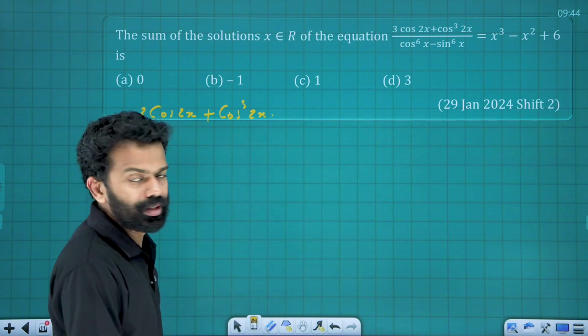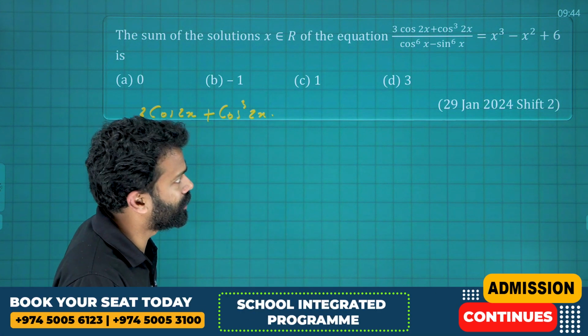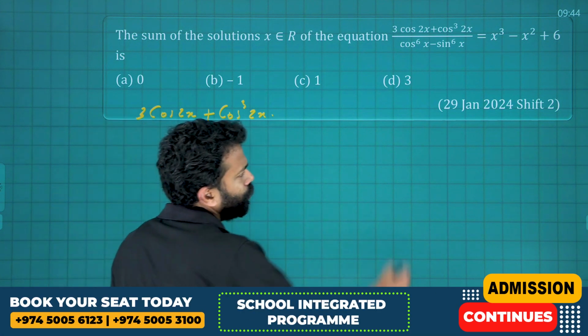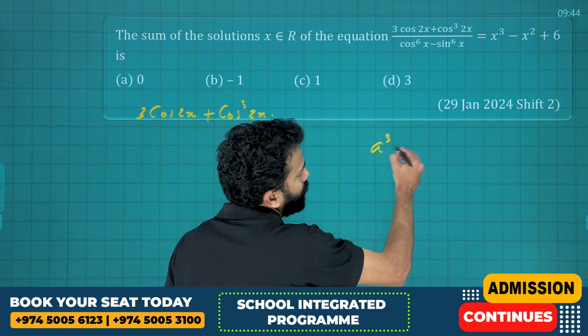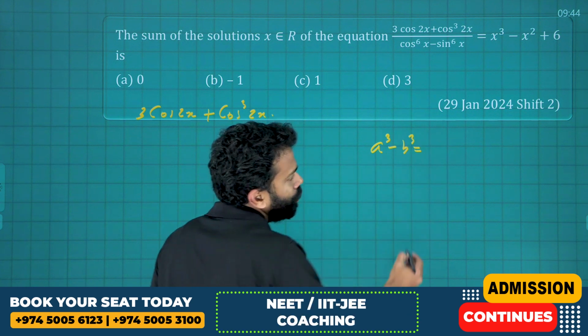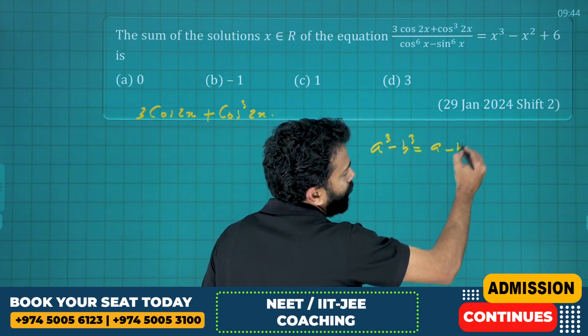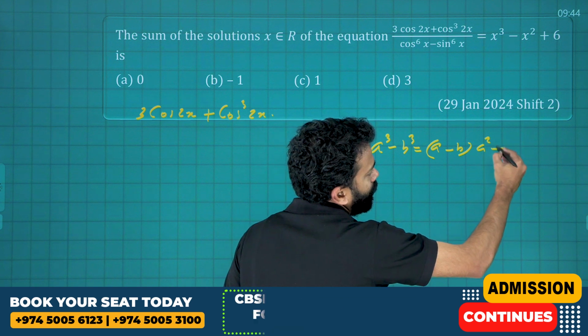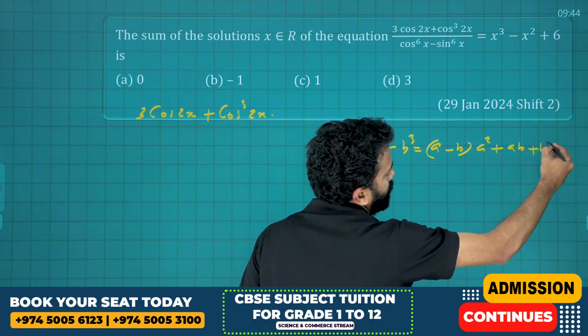So what is in the denominator? Cos raised to 6x minus sin raised to 6x. Do you know the formula for a cube minus b cube? A cube minus b cube is (a minus b) into (a square plus ab plus b square).